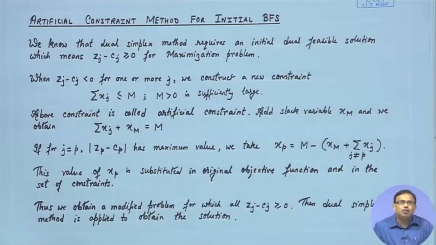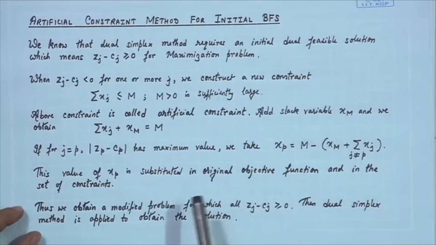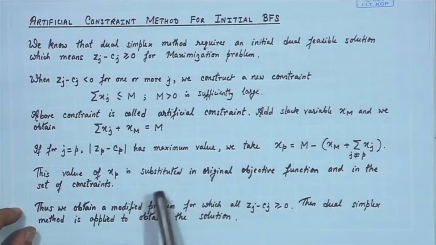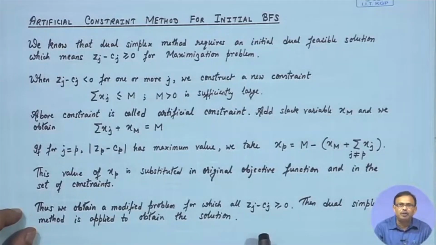That is, you have effectively added the slack variable, but you are reducing the variable which is actually negative. So, that you are replacing by the other variables. Thus, you will obtain a modified problem for which your zj minus cj will be greater than or equal to 0. Then as usual dual simplex method can be applied to obtain the solution.